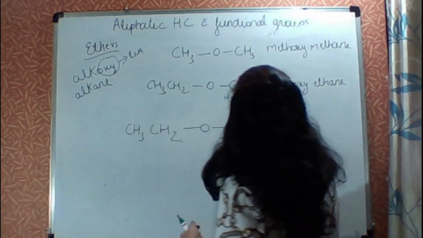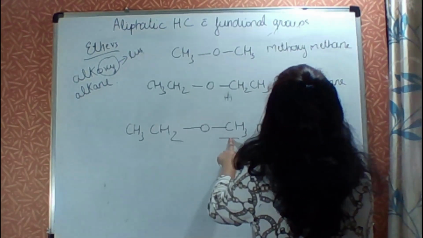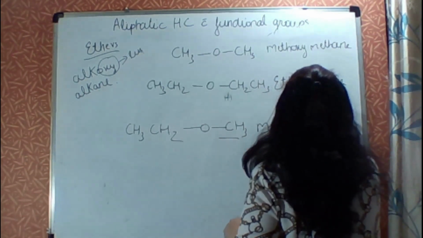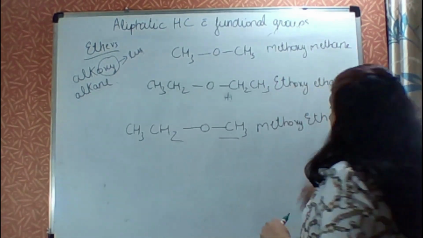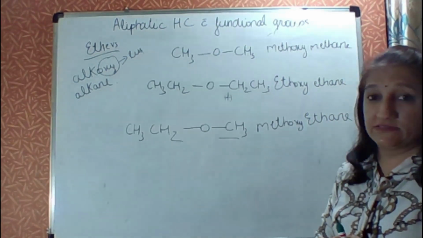Therefore, this compound will become methoxy. This one is smaller, no? One carbon. This will become methoxyethane. These are the IUPAC names of ethers.